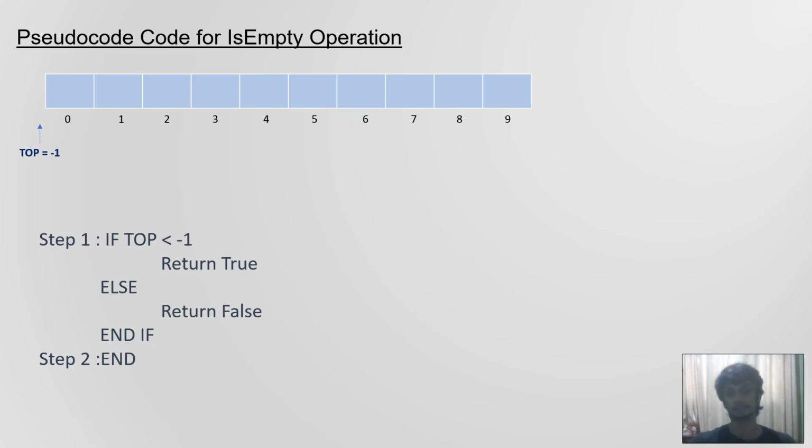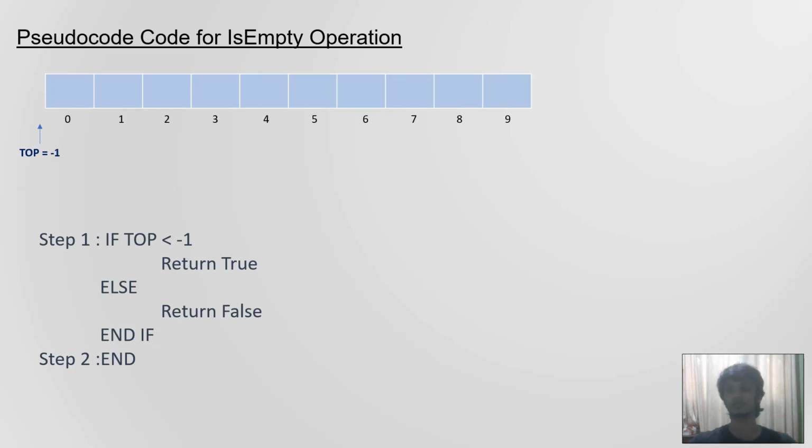Therefore it is better to check whether top is less than -1. And of course, you can also check top equal to -1.